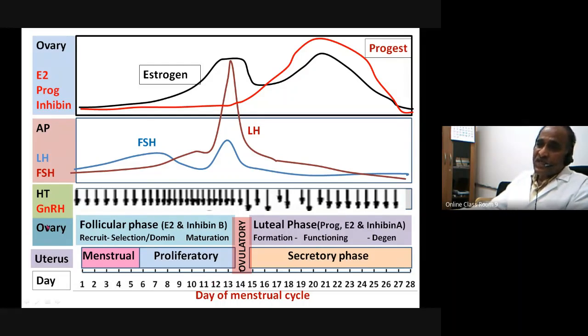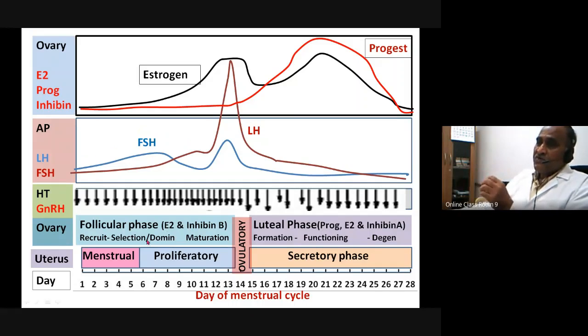Then comes the ovarian changes. The ovarian changes, I have one follicular phase and luteal phase. The follicular phase is the Graafian follicle: the formation of the Graafian follicle, its selection, its dominance, and its maturation. So that is the follicular phase.